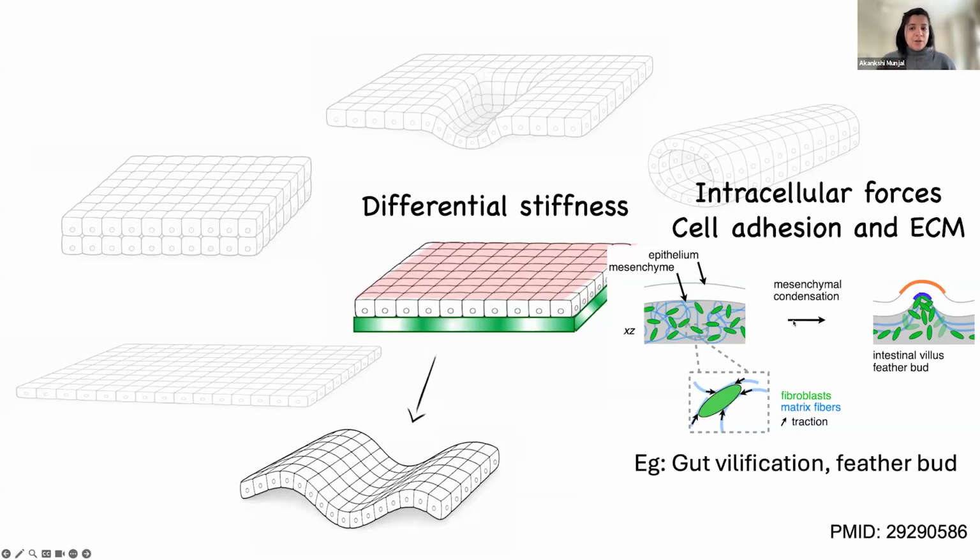And the example I've shown here, which happens in many different systems, including the two I've listed here, the gut vilification in mouse and formation of feather buds, is where the underlying layer, which is full of these mesenchymal cells that can migrate, condenses and contracts through actomyosin contractility and reorganizes the ECM around.